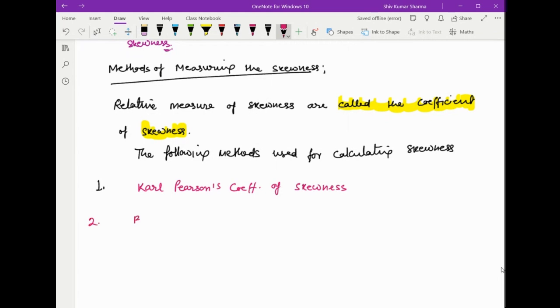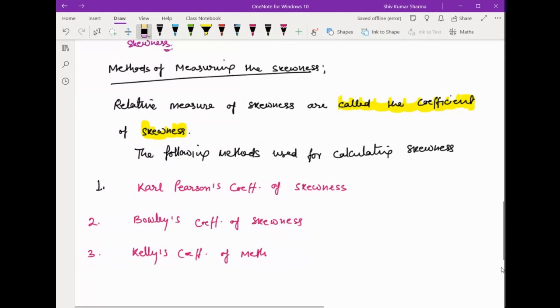Second method, Bowley's coefficient of skewness. Third one is Kelly's method, Kelly's coefficient of skewness.